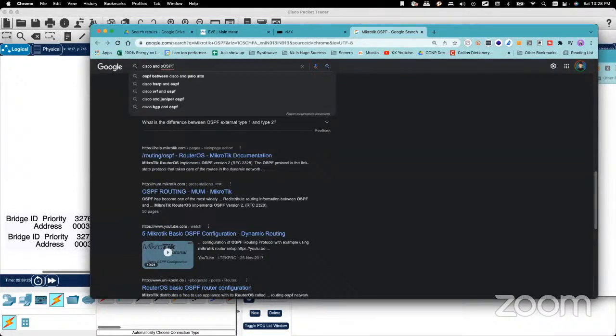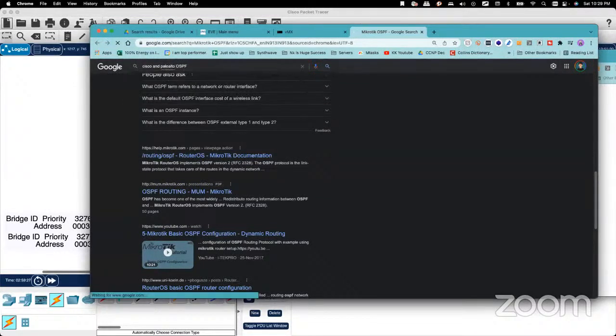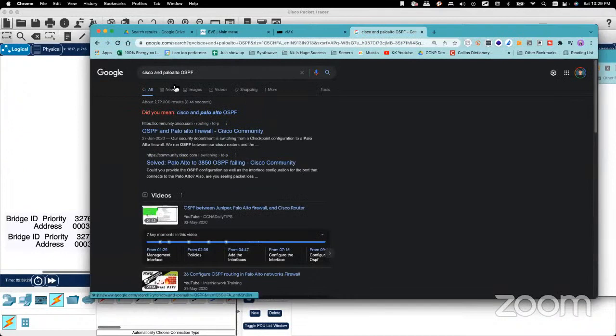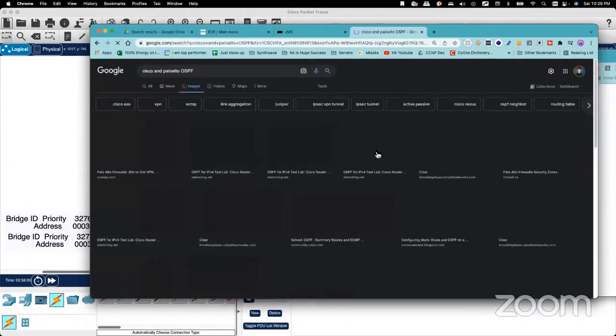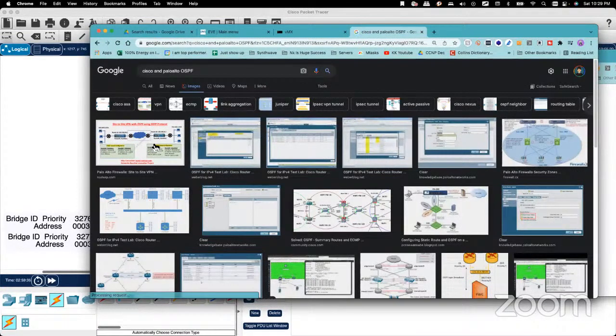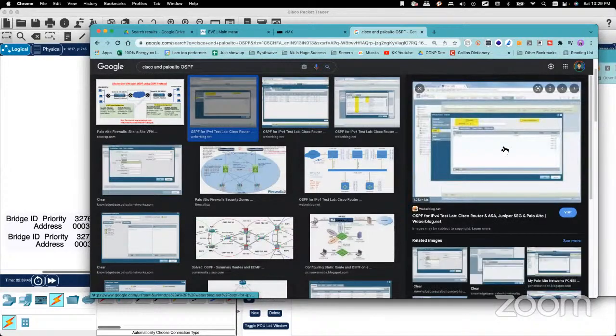Now tell me, when it comes to the enterprise, there is a device called a firewall. Yes or no? Yes, sir. So there is a configuration where you can create an OSPF configuration between a router and Palo Alto also. It means we can run OSPF inside the Palo Alto. Are you getting now?